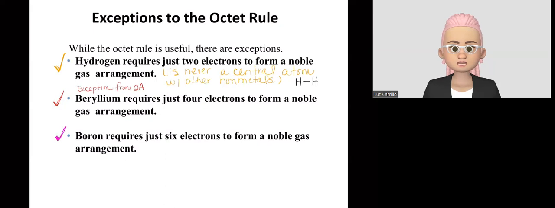This is a metalloid from group 3A. It requires 6 electrons to form a noble gas arrangement. Beryllium and boron, we typically see them as central atoms, specifically in covalent compounds. Let's do examples of how to write the Lewis structure for different covalent compounds so we can apply the rules that we learned.